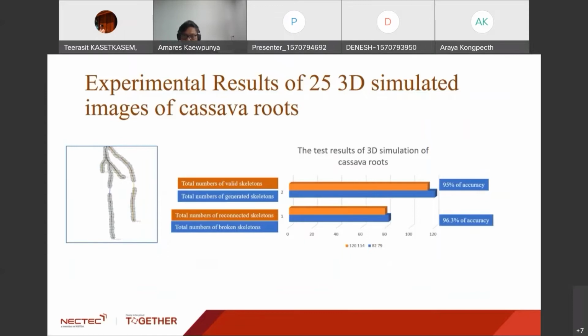The total number of broken skeletons was 82, with 79 broken skeletons being reconnected. The reconnection accuracy was 96.3%.